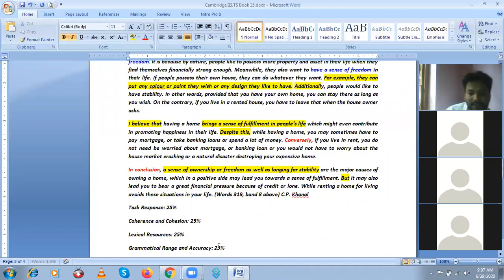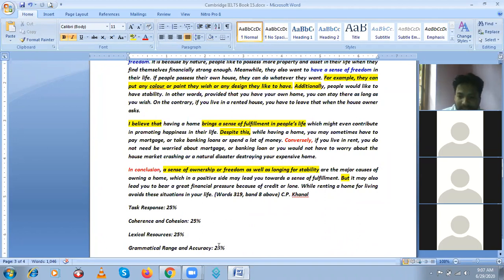We have fully responded the question, we have fully paraphrased the question and responded it well, and we have clear supporting points, and then we have fully extended and developed our idea. For coherence and cohesion, and we have used varied vocabulary on the essay, and grammatical range and accuracy.